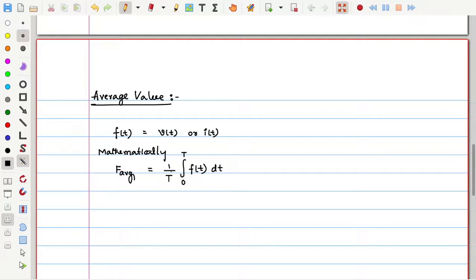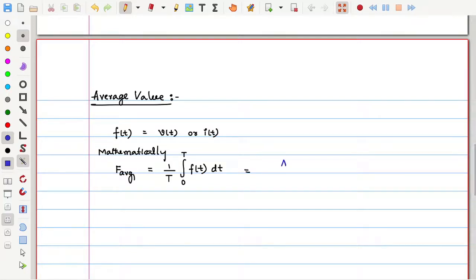So this is the average value of any function f of t mathematically. Let me elaborate on this expression. The integral of any function gives the area under the function.